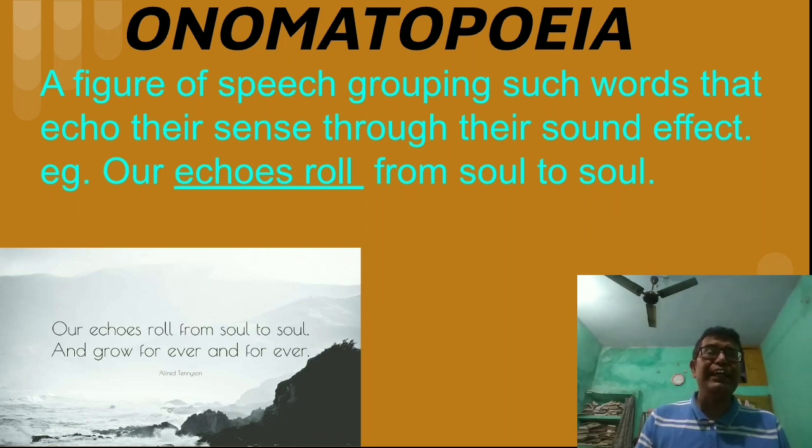Another example that I have told you: our echoes roll from soul to soul. I like to deliver a speech or a message as if my message is echoed, and my purpose is to reach you, to transmit from soul to soul. So particularly echoes are related to the sound effect, but here it has a rhetorical effect.